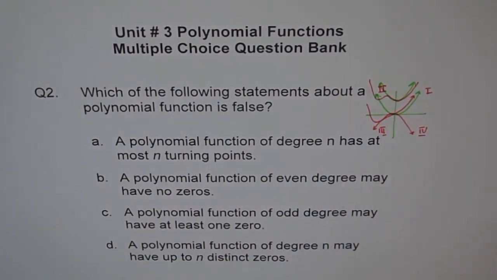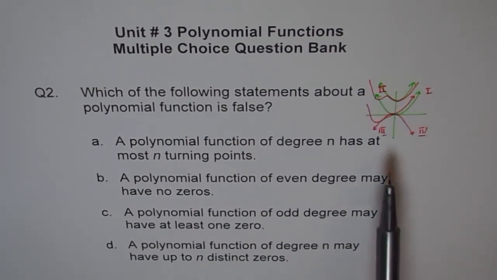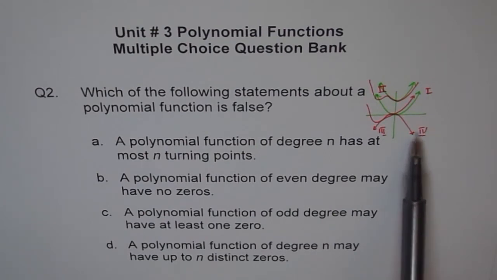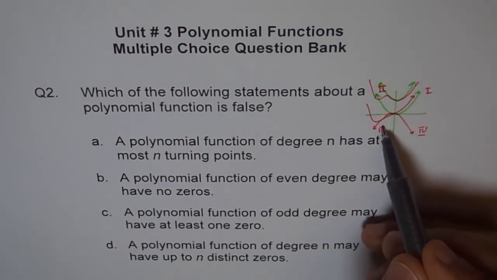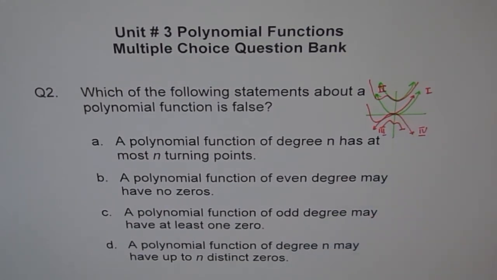An even function will go from quadrant 2 to 1 or from 3 to 4 depending on the leading coefficient. If the leading coefficient is positive, it goes from 2 to 1. If the leading coefficient is negative, it goes from 3 to 4, and it can do that without crossing the x-intercept. It can go like this, right? Do you see? That means no zero.